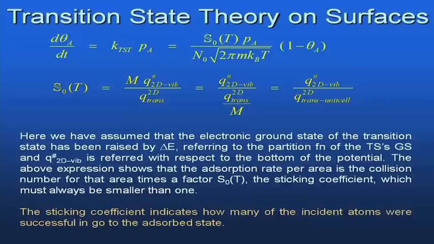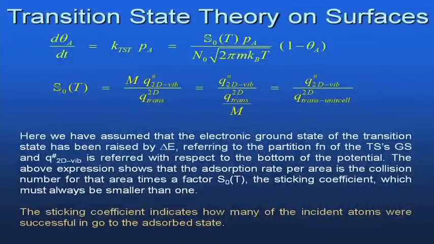Now, the sticking coefficient indicates how many incident atoms were successful in going to the adsorbed state, that is not all of them are in the adsorbed state. So, suppose 10 atoms are colliding, so not all of the 10 will stick to the surface, okay. Maybe say 50% is sticking and maybe 50% is going out, okay.